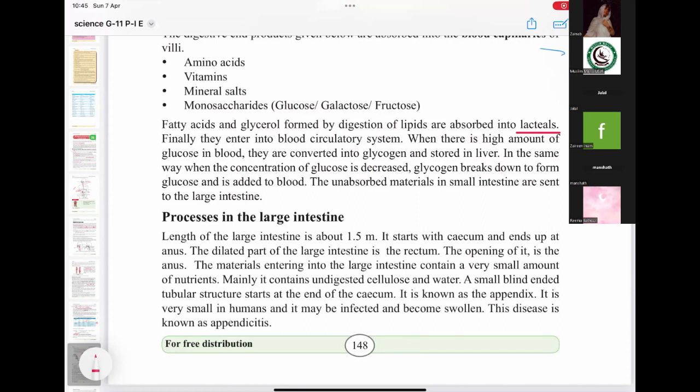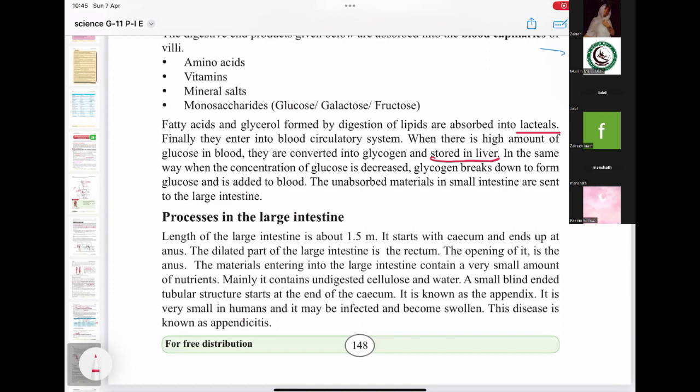So what we do is convert the extra glucose into glycogen. You can remember glycogen, right? You might have studied it, it is the storage mainly in the liver of animals, in unit 1. Hope you all remember, you should remember from your grade 10. So this glucose will be converted to glycogen and stored in the liver.